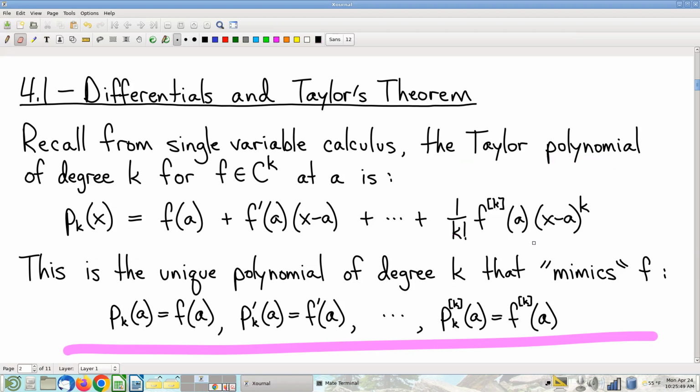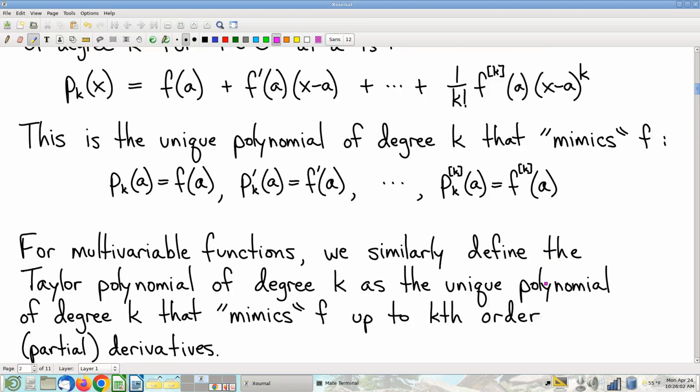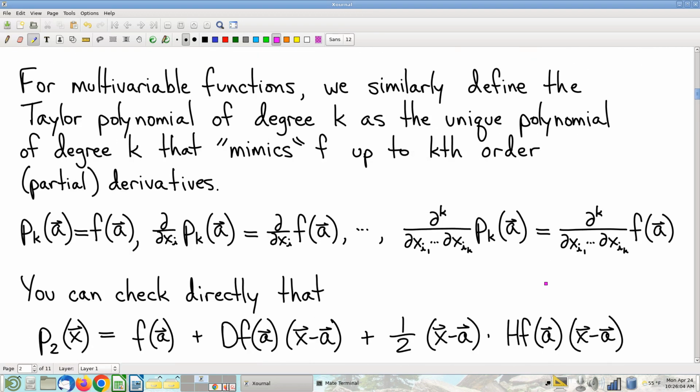So the big idea, of course, is that it's just a polynomial that mimics the function by having the same value, the same derivative, the same second derivative, etc., up to a certain point depending on the degree of the polynomial. So for multivariable functions, we just do the same thing. It's morally equivalent.